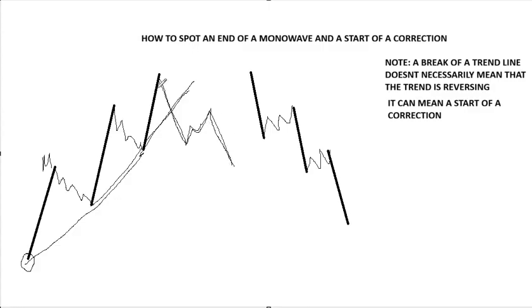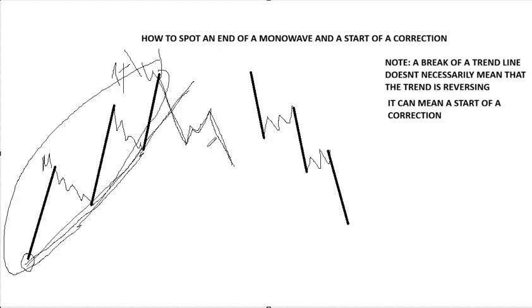And remember what we said, if this is our first mono wave or our 1, A, W, then this wave should take less time than this correction now. So that means this trend line has been broken.